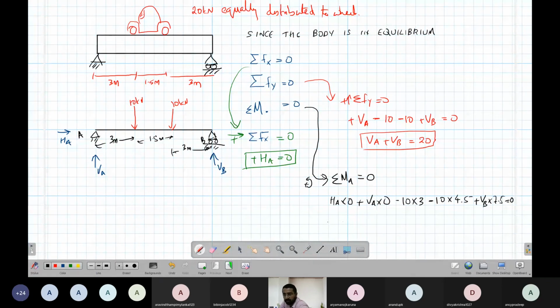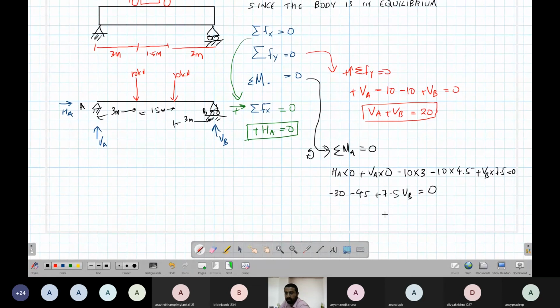We have minus 30 here, minus 45 here, and we have plus 7.5 VB equal to 0. So 7.5 VB equal to 30 plus 45, which is 75. So VB equal to 10 kilonewton.